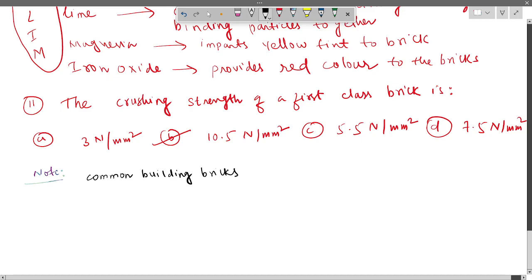Here we will write compressive strength, and here percentage water absorption.